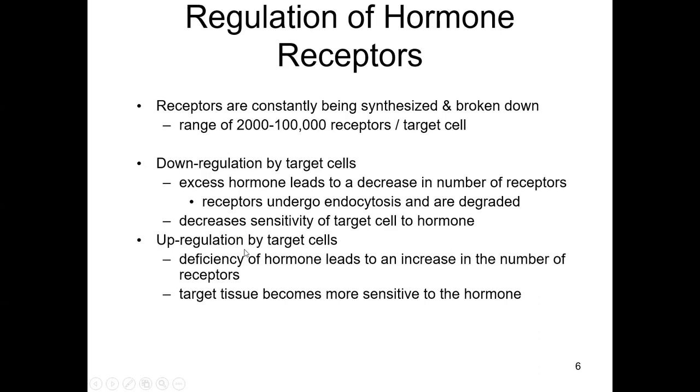This is upregulation. Instead of going into the effect in hormone deficiency or surplus hormones, it's just good to illustrate that the number of receptors can change very dynamically inside a cell.